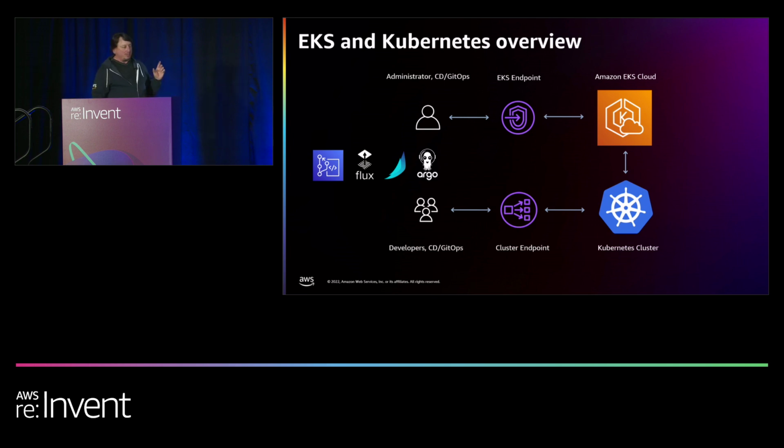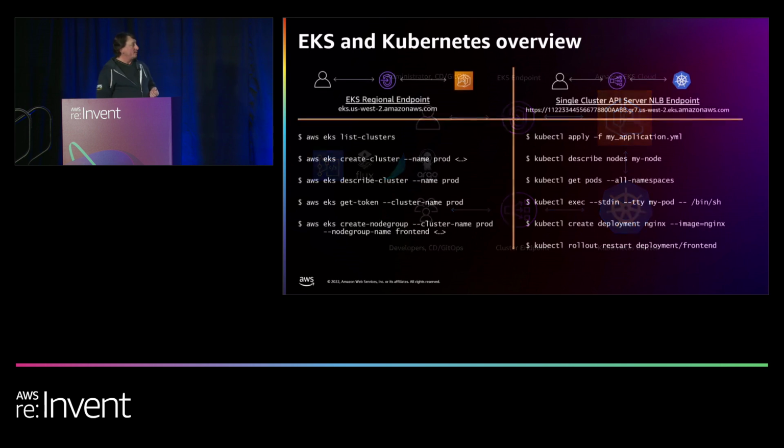So these are just, I would say, standard practices, but there's nothing preventing developers from talking to the EKS endpoint or administrators from talking to the cluster endpoint. These are just typical roles. They're not constraints.